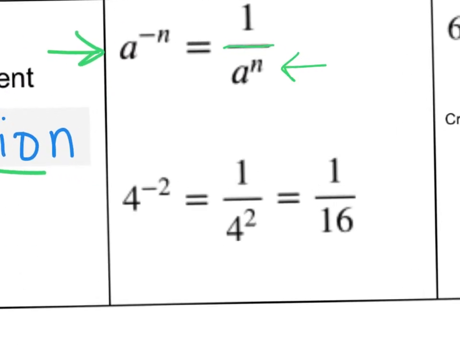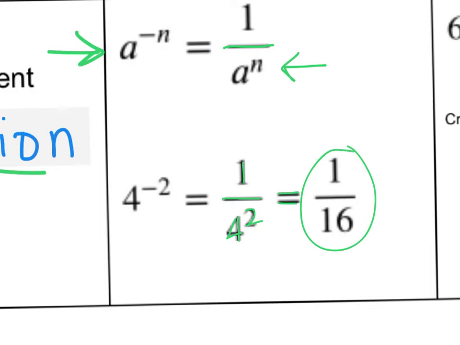So here's 4 to the negative 2. So we simply make it into a fraction. So we make it 1 over 4 to the positive 2. And we can simplify that a step more. 4 times 4 is 16. So it becomes 1 over 16.